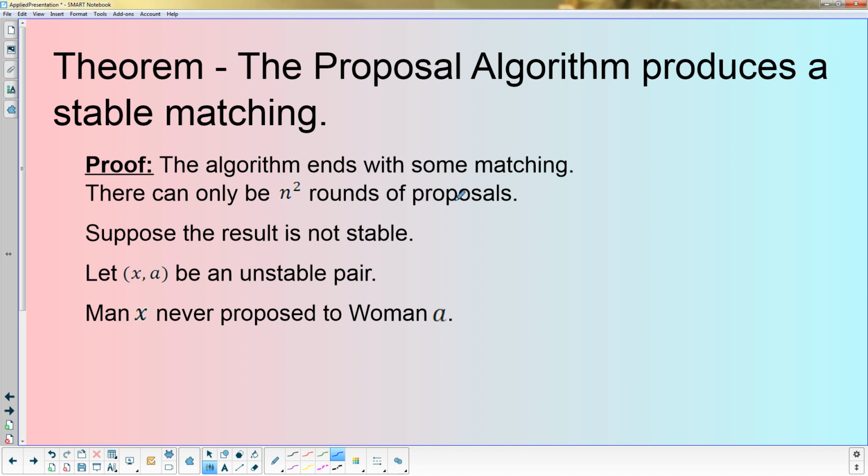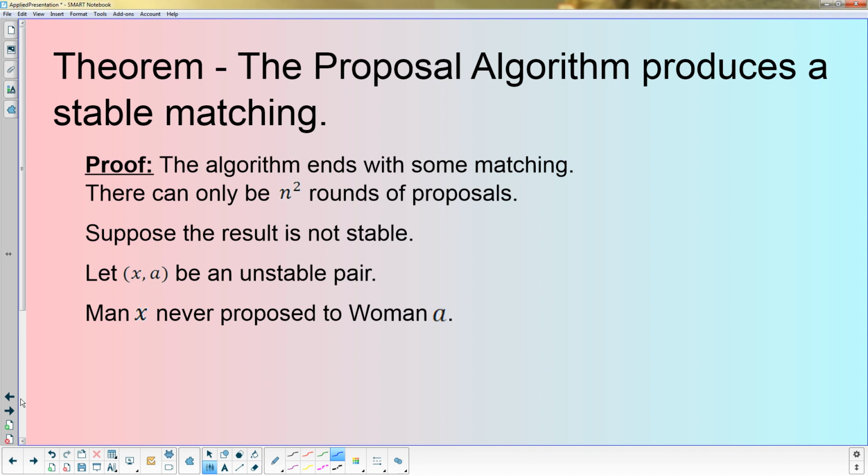But what that means is that man X, since they're not paired together, never proposed to woman A. The reason for that is that in every round of proposals, remember, man X proposes to the woman highest on his list who has not rejected him.